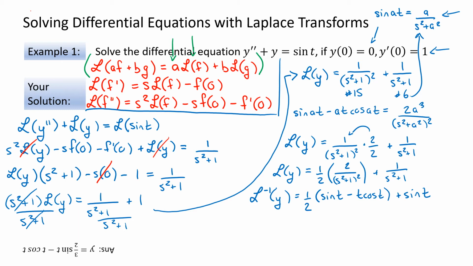So now we can do one more simplification. We have a 1/2 sine of t and a sine of t, so we can add those together. And we get y is equal to 3/2 sine of t minus t cosine of t.